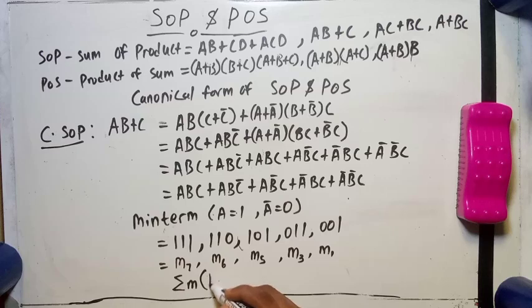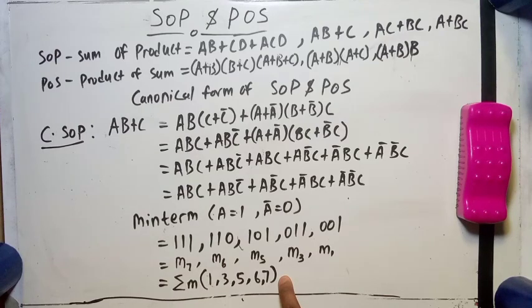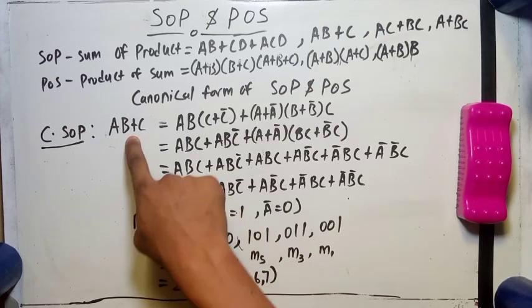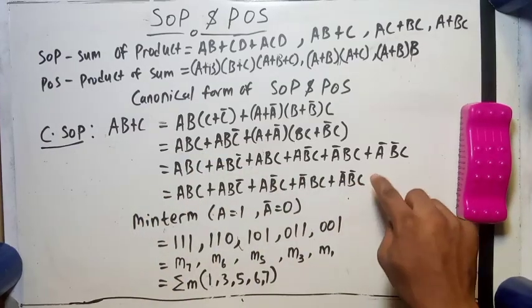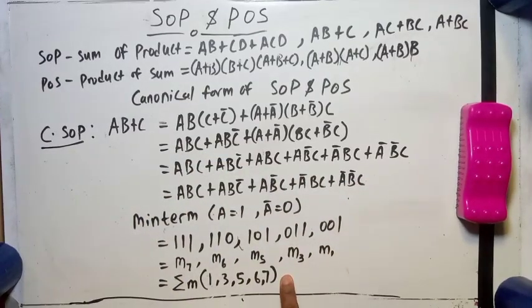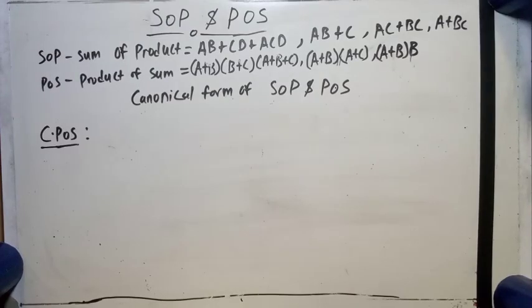Say 1, 3, 5, 6, and what, 7. These numbers are our subscripts. So when you're asked to find something in minterm, you have to solve to these points. This is equivalent to this, and this in minterm is this. You grab? Now let us continue.